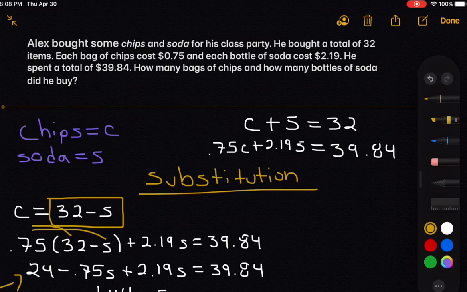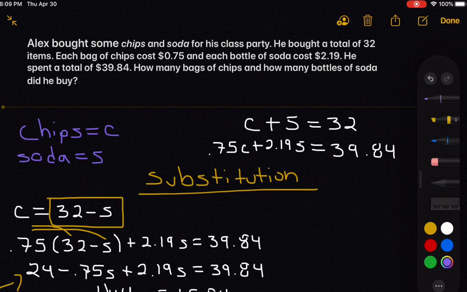So it'll be 39.84 minus 24, which will give us 15.84. Okay, and then you simplify it to find the variable by dividing by 1.44 on each side. You cancel the 1.44 divided by 1.44, and what you end up getting is S is equal to 11. Okay, so that's our first answer.